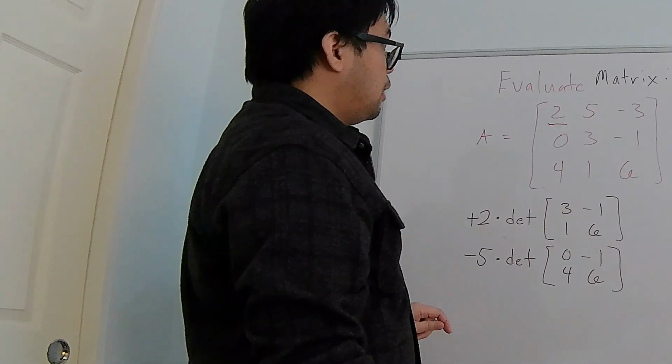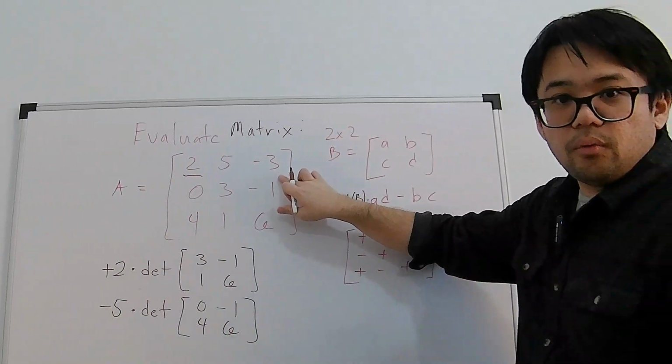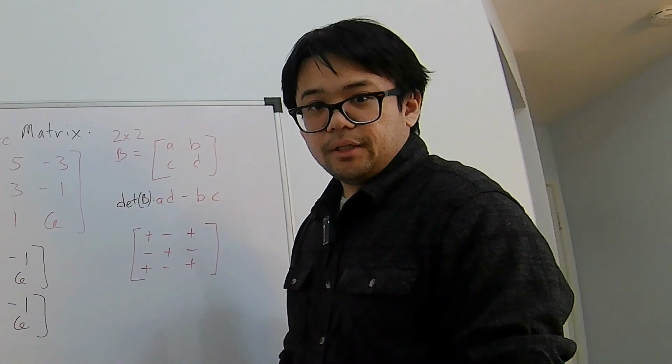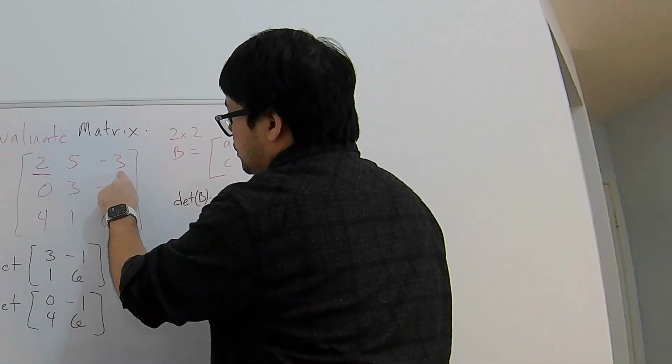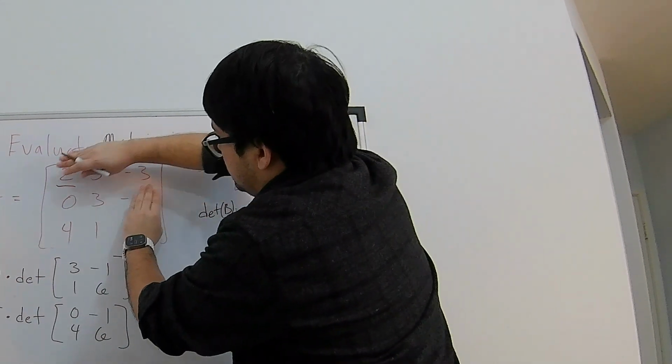Okay? All right, we got one more element to go, that -3 right here. -3 right there. And so to do that, what do we do? We cover up the row that this number's in and the column that this number's in. There.